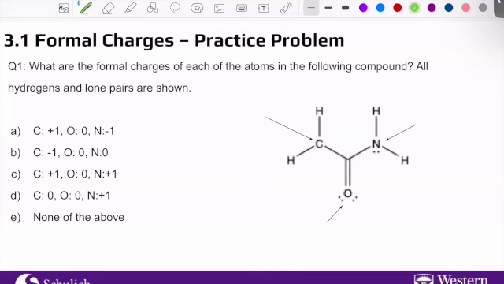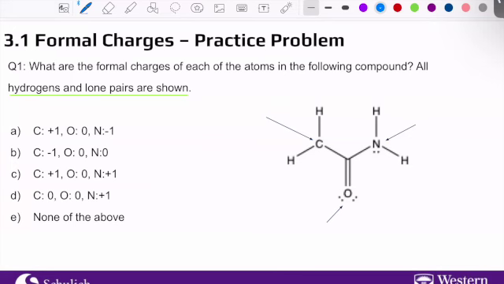I see it's telling me that all hydrogens and lone pairs are shown, which means we don't have to draw in any more hydrogens that might be implied or any lone pairs that we would think might need to be shown. They're all shown. So off the start, we have options A through E.